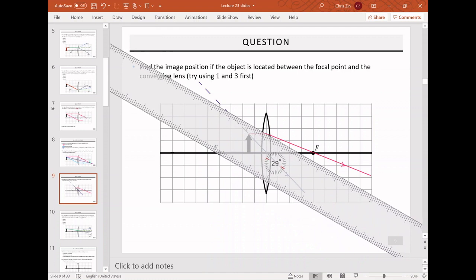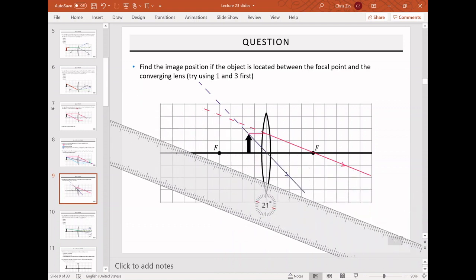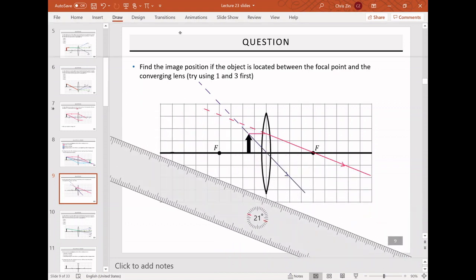So we trace back that one, and then we trace back the first easy to draw ray. And we can see that it looks like they'll meet about right here. Let's make that green.